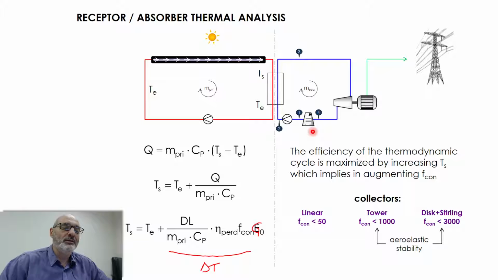Because the lower temperature here is fixed, it is the environmental temperature, and the maximum efficiency depends only on the higher temperature, T3, which is close to TS. So if we have a very high TS, we're going to have a very high T3, at the limit they can be the same, and by increasing T3, we're going to increase the overall first law efficiency.